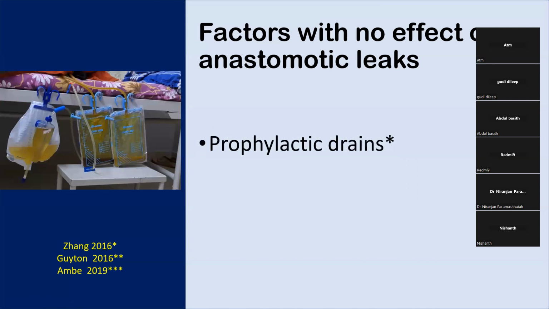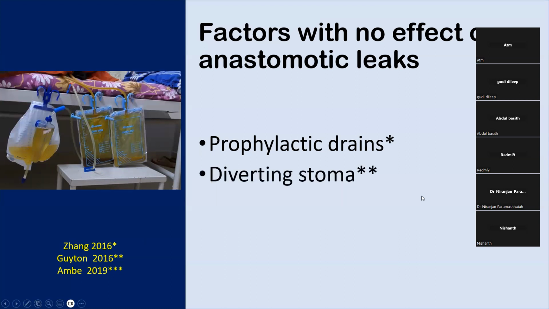Drains have absolutely no effect on anastomosis or its healing. I also maintain that some people say, even though it may not have any effect on the healing or the leakage from the anastomosis, that you'll detect it earlier. No. Even that is not correct, because the drain may be blocked. It may not come out at all. So clinical assessment is much more important than having a drain.